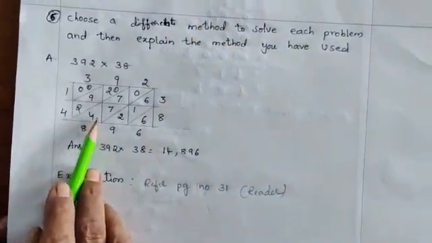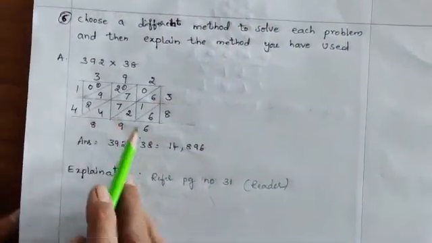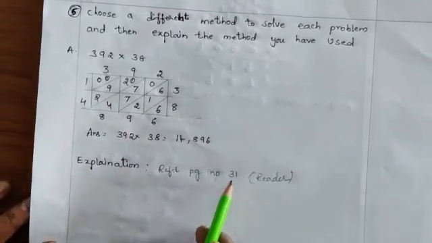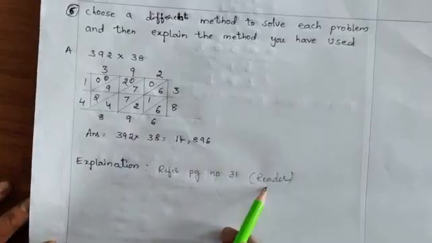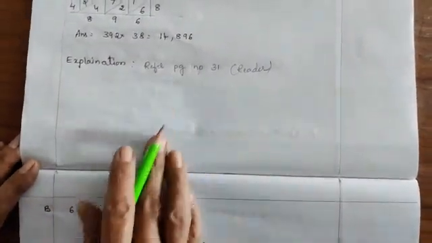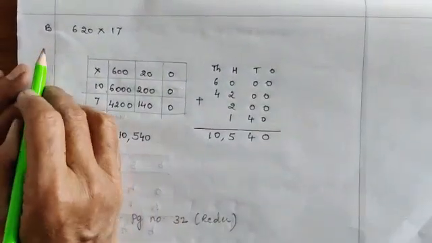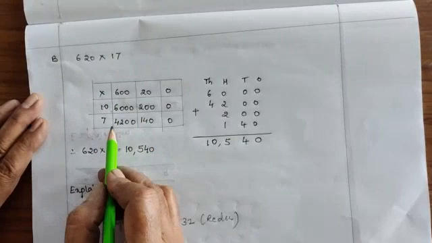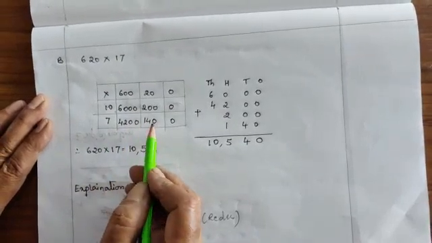I used here the lattice method, children. For explanation, refer to page number 31 from the reader. Write the steps here. Next, B1, 620 into 17. I used here the box model.